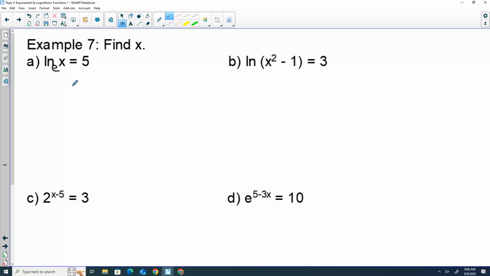So if I wanted to write this without a log, I would write e to the 5th power equals x. And you can just leave your answer as e to the 5th. It's not a nice number even if you did multiply it out. So we'll just leave it like that.